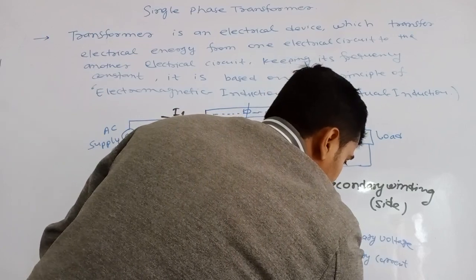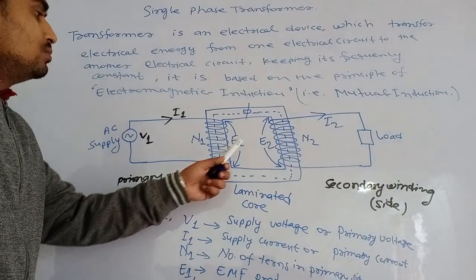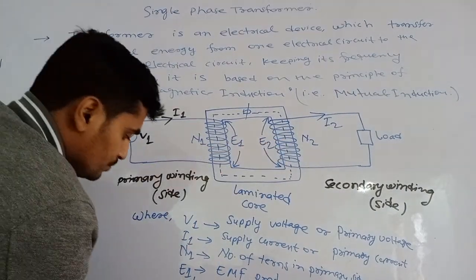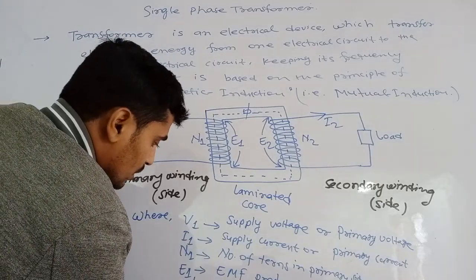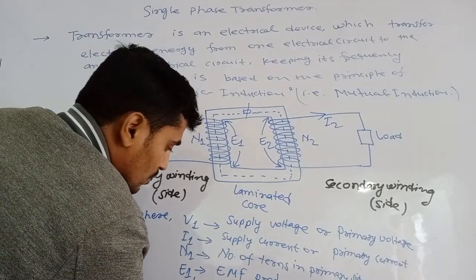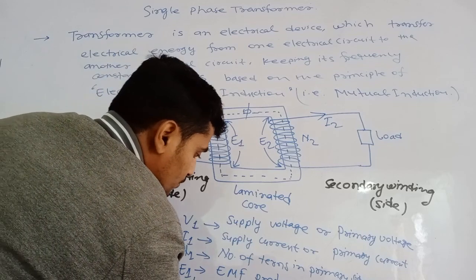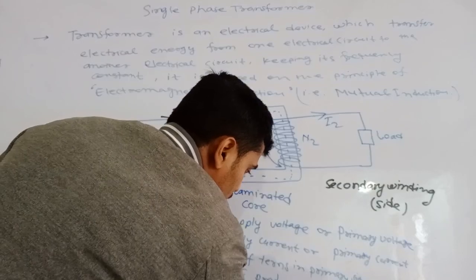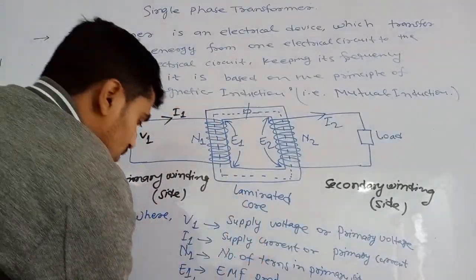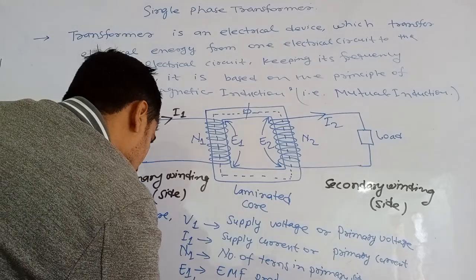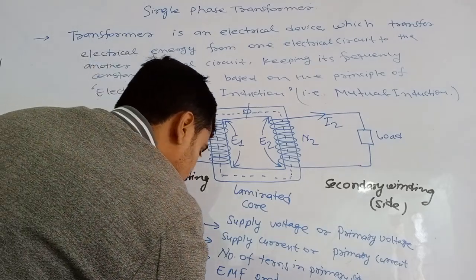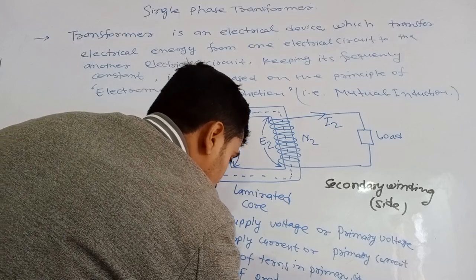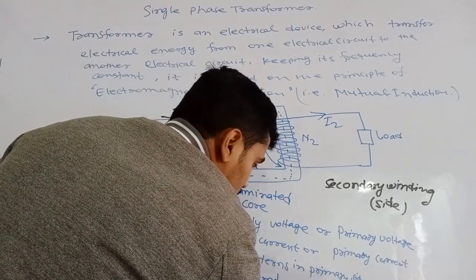The number of turns on the secondary side is N2. E2 is the EMF developed or produced on the secondary side.